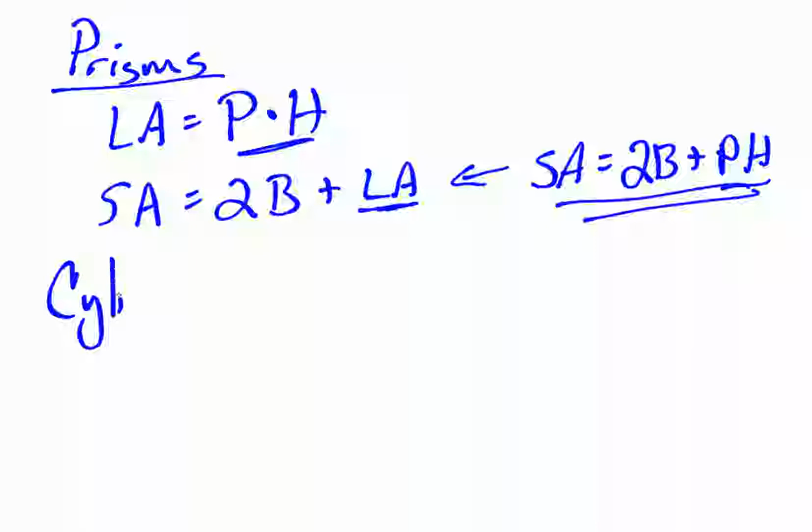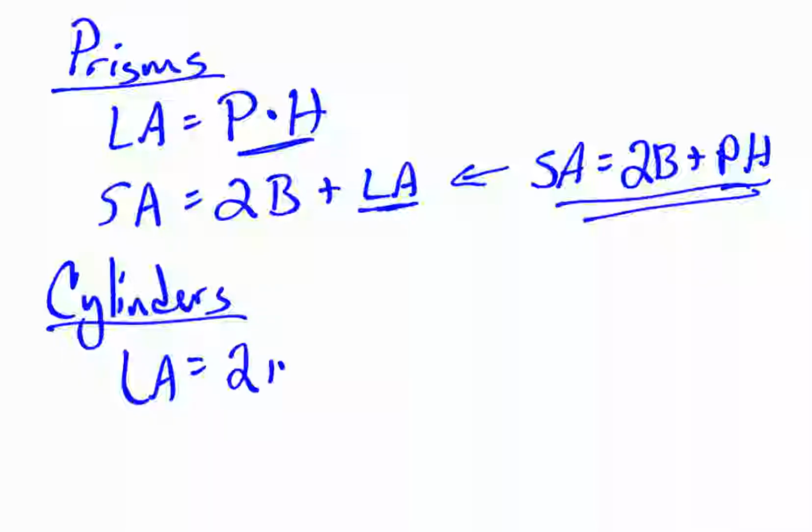For cylinders, your lateral area formula was 2 pi r times h. The 2 pi r is from the circumference of the circle. The capital H is the height of the cylinder.